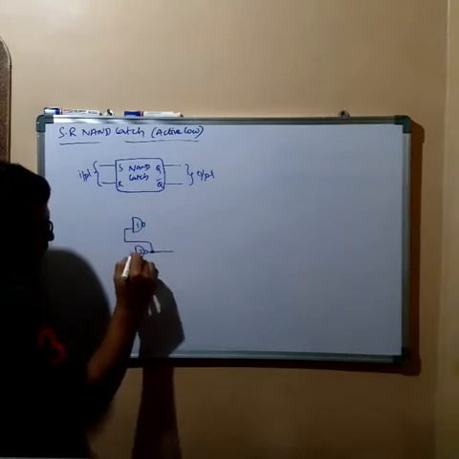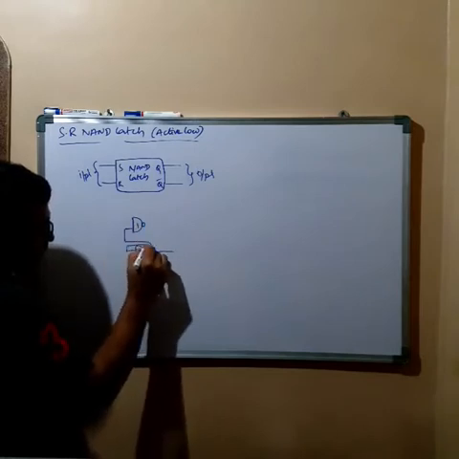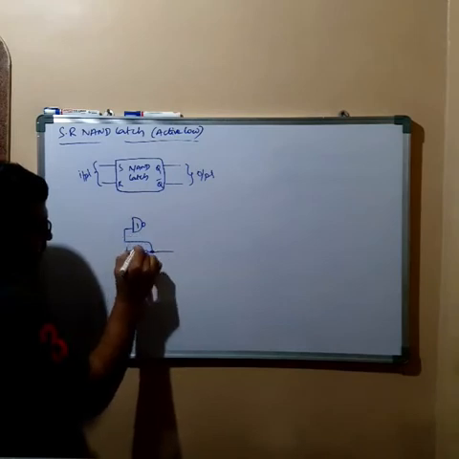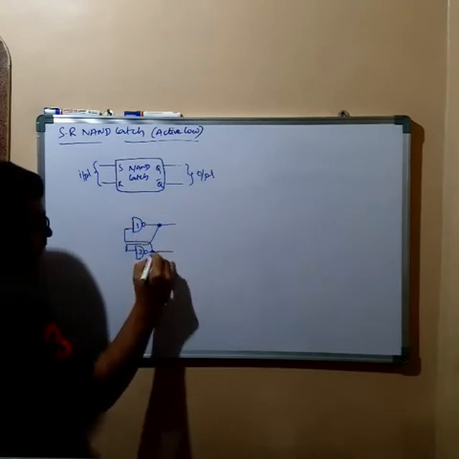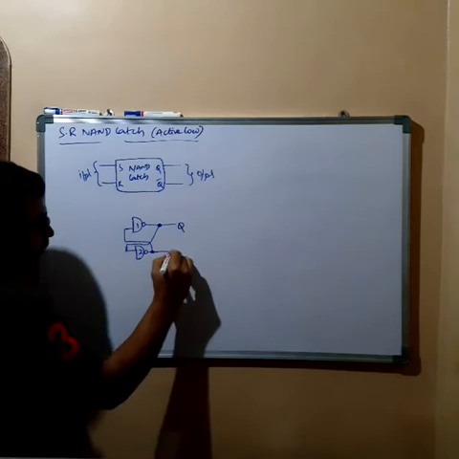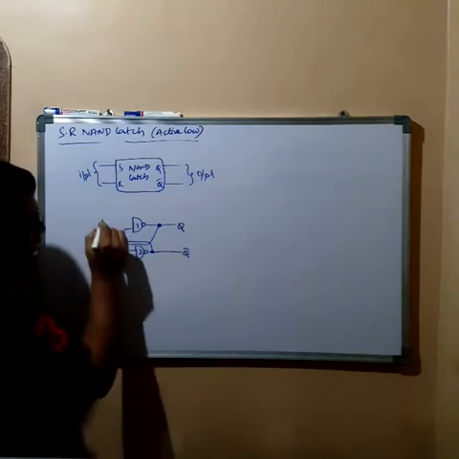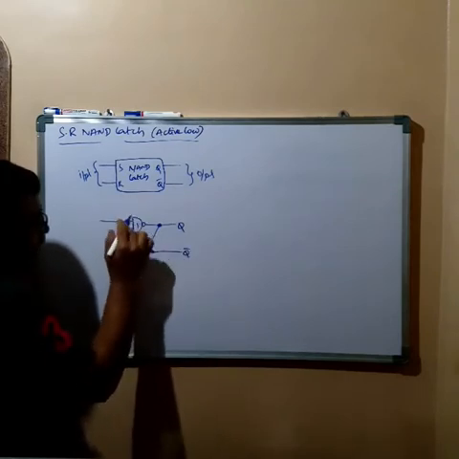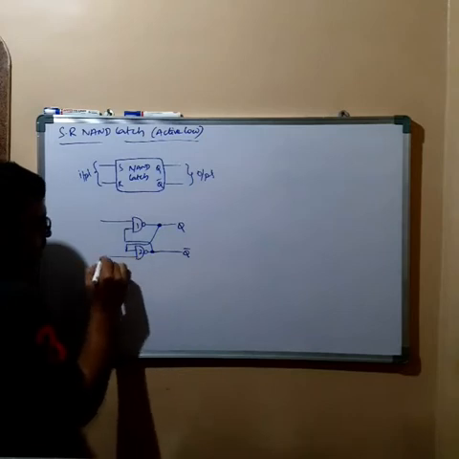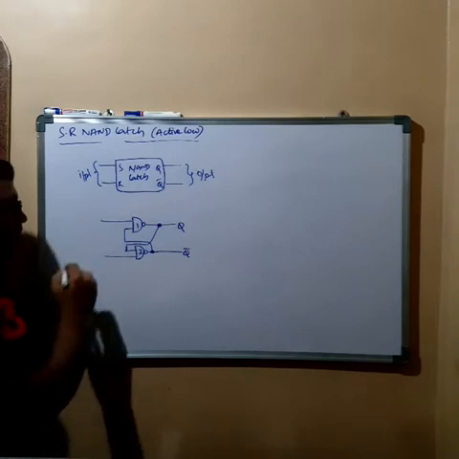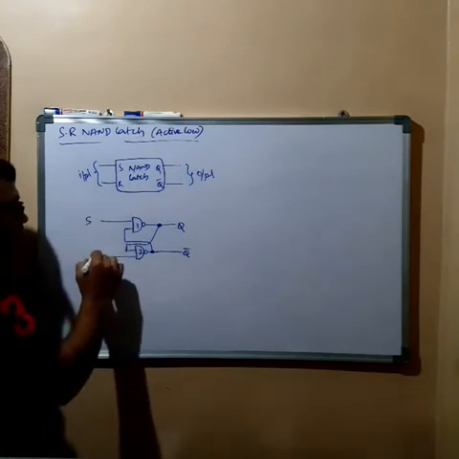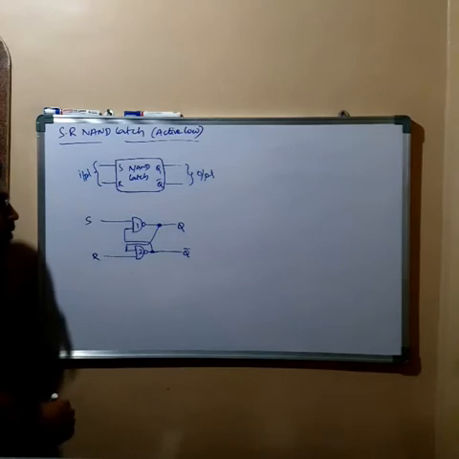This will be the true output, and this the complemented output. You connect S and R to these inputs. It is a NAND latch.